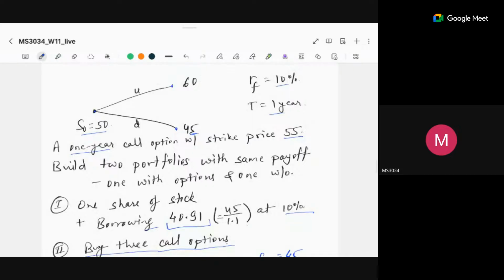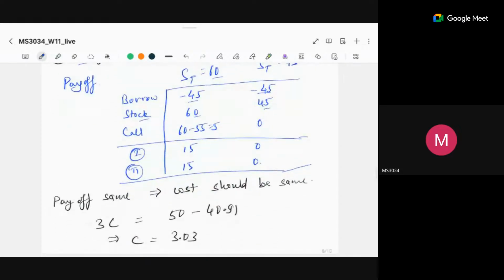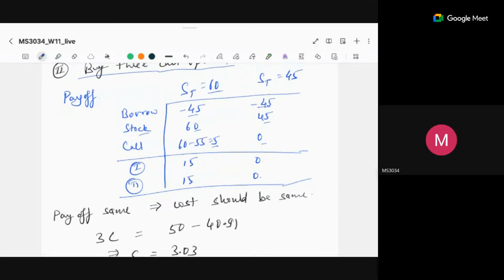If in the next period my stock price goes down, then the call option will not be exercised and its value will be 0. And if the price is 60, then you will exercise and one call option will give you a value of 5 rupees. So in the 60 case you have 5 rupees as your value, and in the 45 case 0. This is for one call.